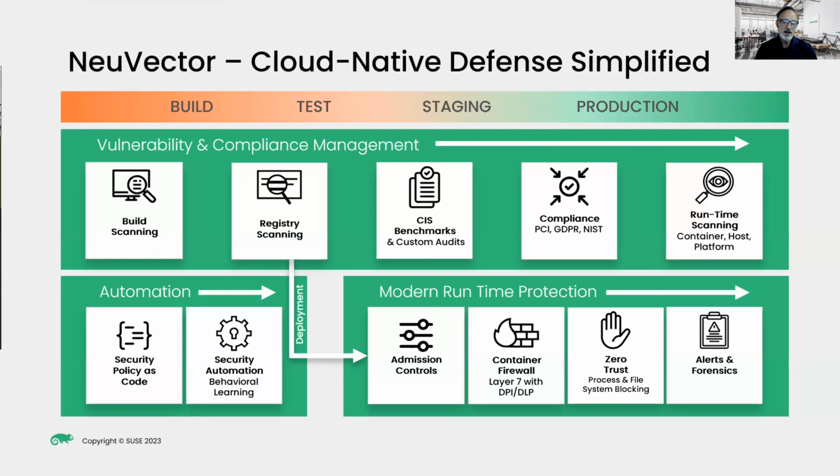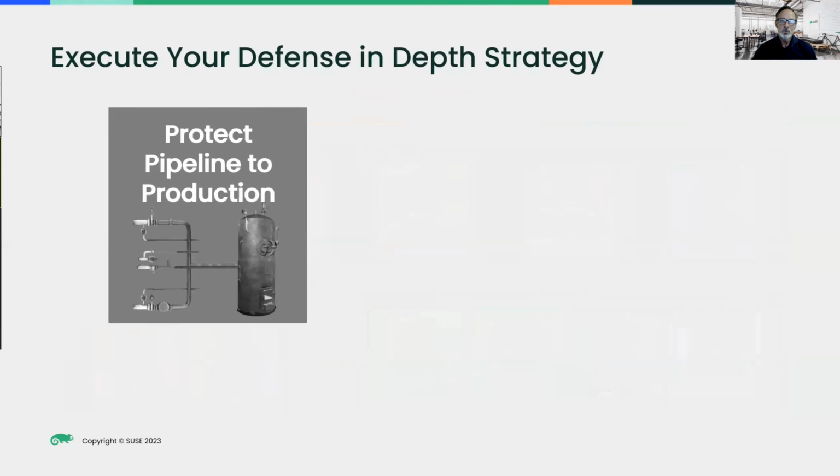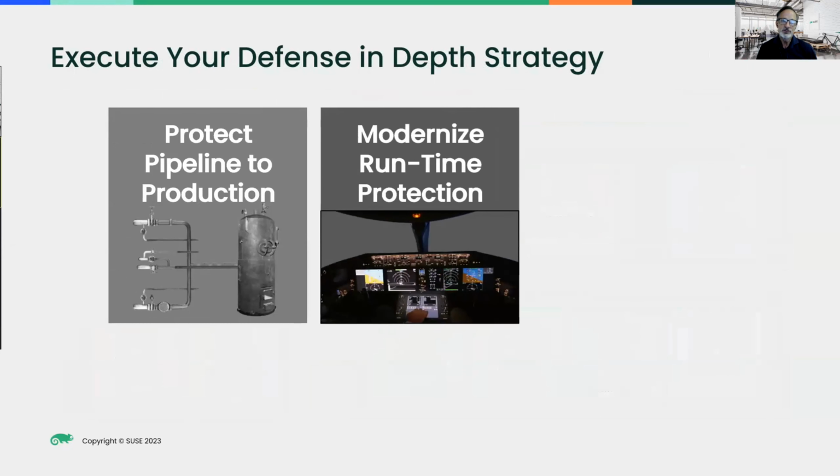So to wrap this up, trusting legacy security methods is really insufficient to protect a modern enterprise. What you really may need to make sure you've got in place is a defense in depth strategy. It starts with protecting pipeline to production, from a compliance and vulnerabilities management standpoint, and you want an integrated system from end to end, so you're not having to integrate and piecemeal it together with a variety of tools.